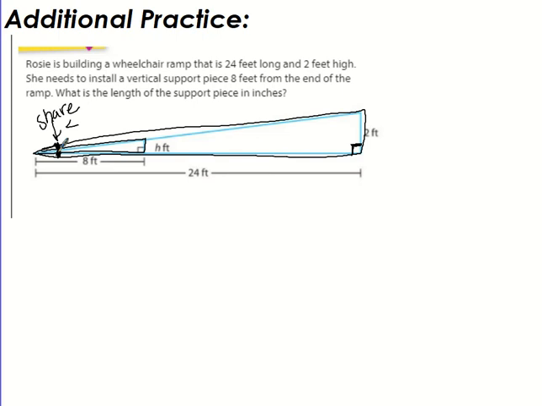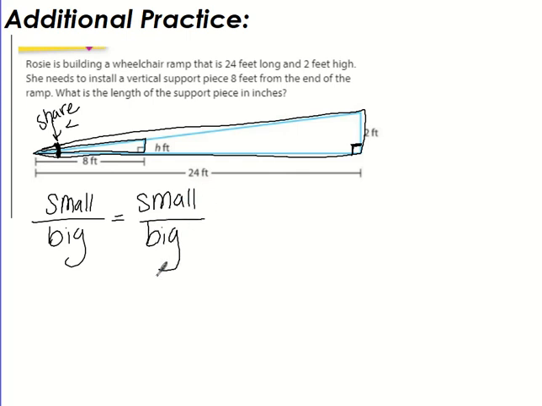So now that I've proven that these triangles are in fact similar, I can then solve using a proportion. We always have our proportions be small compared to big. That way it just stays consistent. Okay, small triangle piece to big triangle.